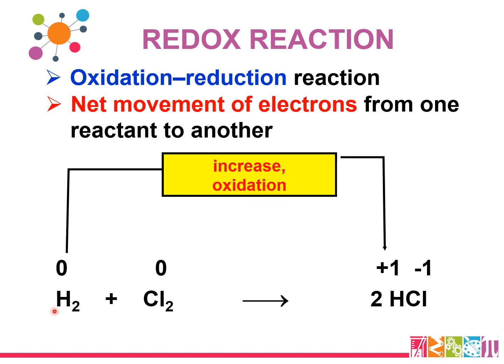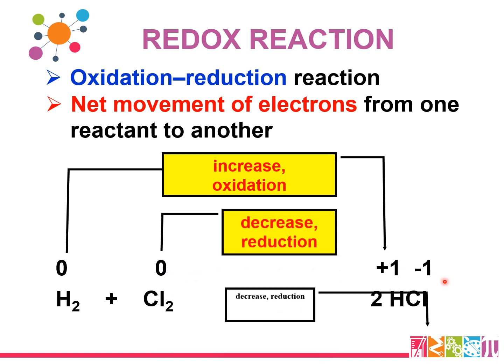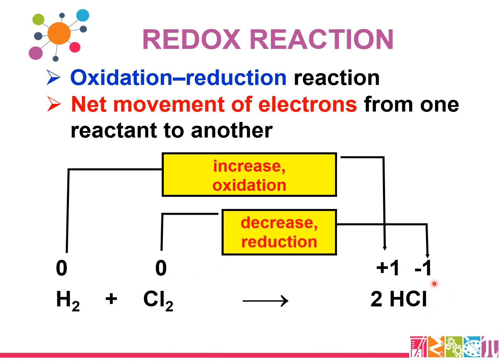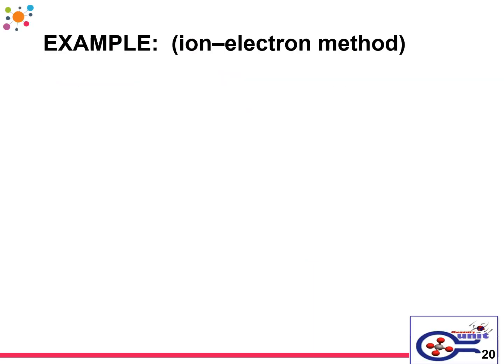So hydrogen releases electron to form HCl, while Cl2 from 0 oxidation number becomes negative 1 oxidation number, which is a decrease in oxidation number. Okay, that means Cl2 gains the electron to form HCl, which is Cl2 undergoes reduction reaction. Alright?